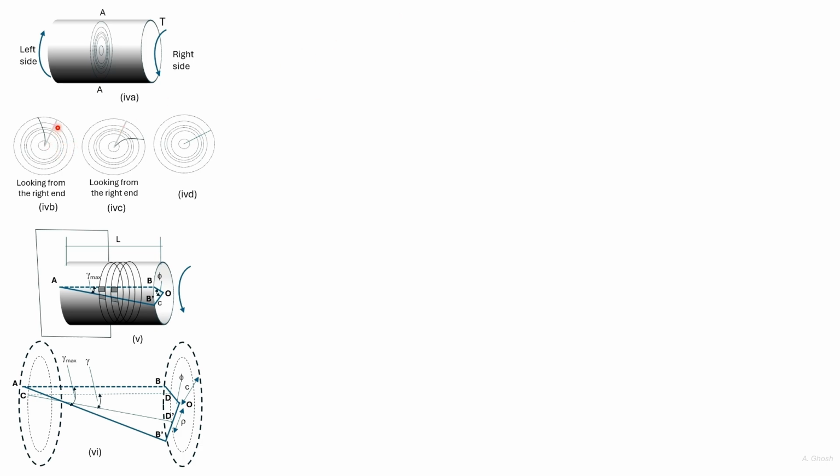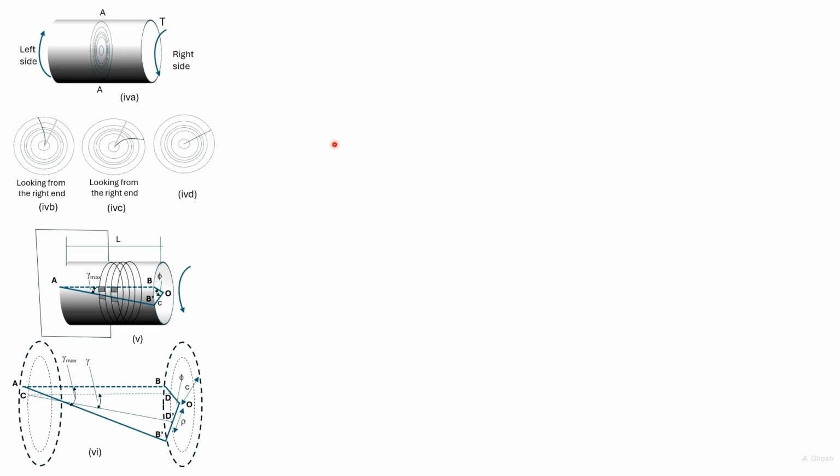Then a straight line should bend as shown to the left. Now let us consider the same problem from the left end. In the left end, the torque also is acting in an anticlockwise direction.